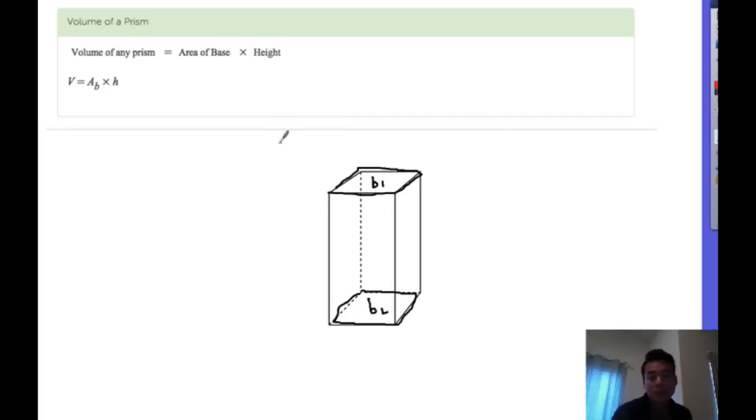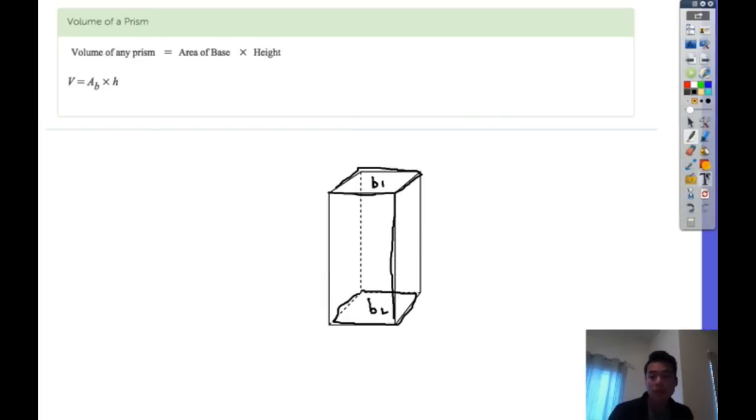A good way to figure out what the height is: the height's job, basically, if I think of how tall I am, the height connects the top to, in this case, the bottom. If you're standing up, the height for you would be the top of your head to your feet or to the ground. That's the difference, or how long you are. In this case, the height connects the two bases.